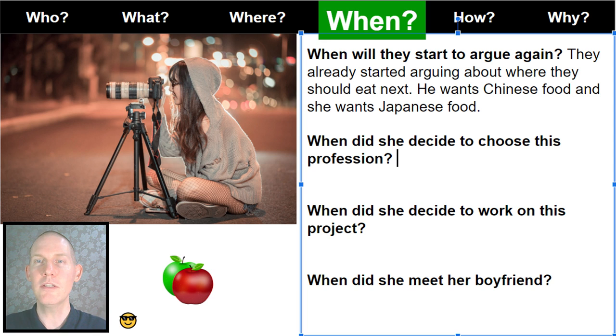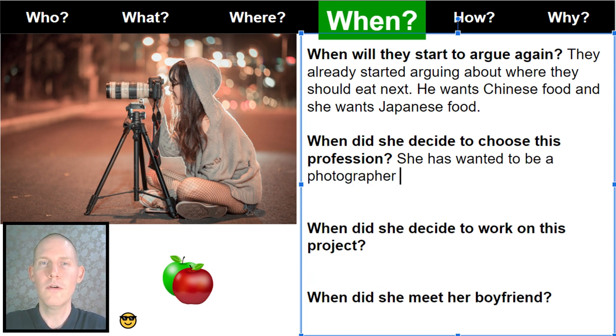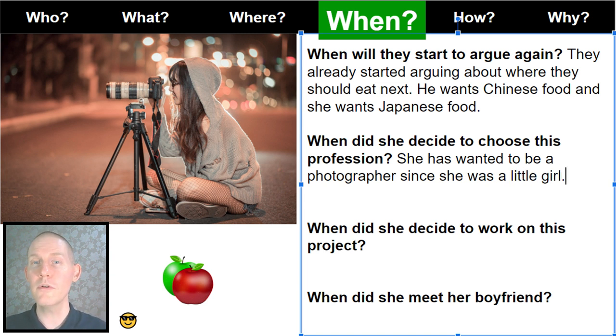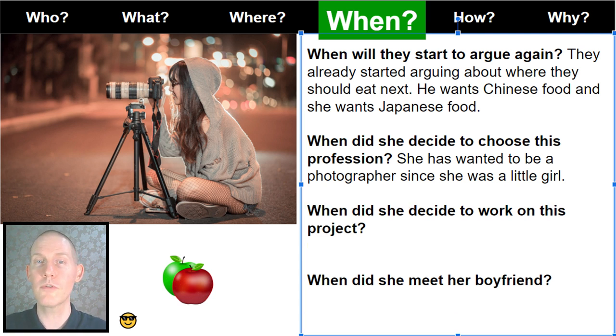When did she decide to choose this profession? All right. She has wanted to be a photographer since she was a little girl. So maybe her father, maybe her mother or uncle, or maybe she knew someone that was a photographer. And when she was little, she's like, that's it. I'm going to be a photographer when I grow up. So when did she decide to work on this project? Okay.